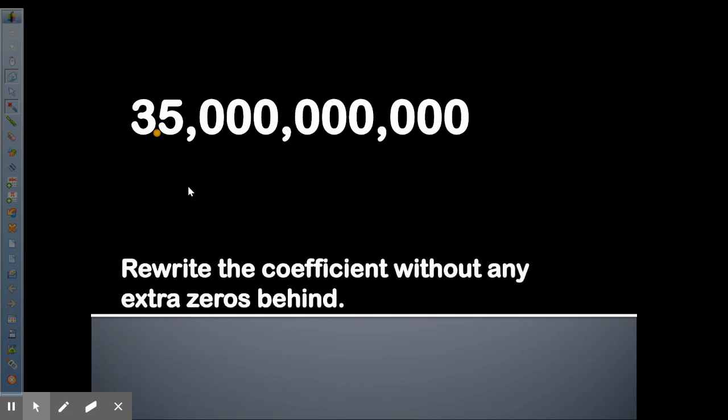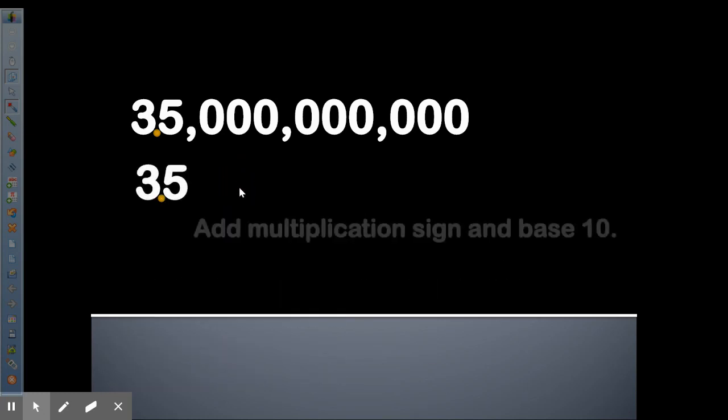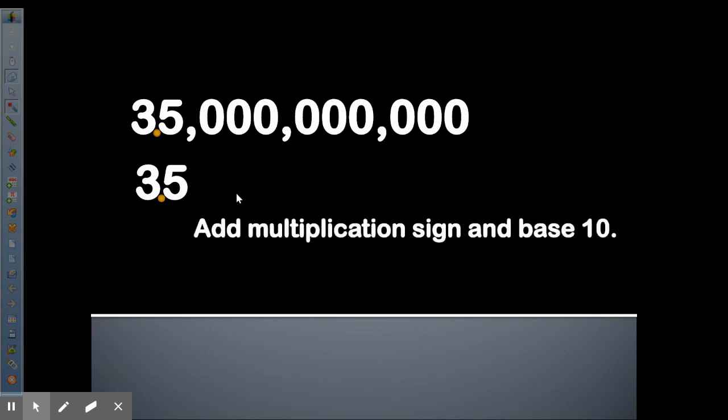Then we're going to rewrite the coefficient without any extra zeros behind it. We have 3.5, then we've got all these zeros. So we're just going to write 3.5. And then we're going to add our times 10, always. And now for the exponent, how many times do we move that decimal? Because in 35 billion, the decimal's back here.